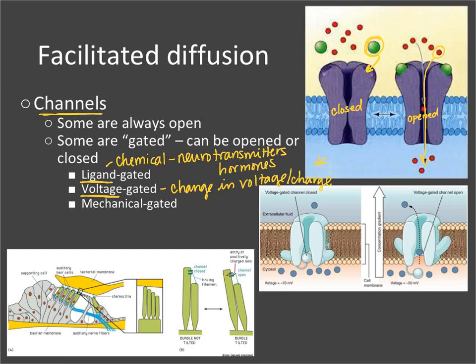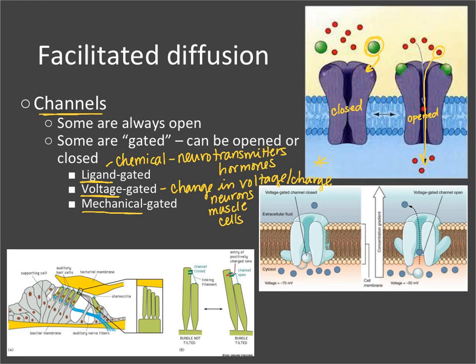We also see this in neurons and in muscle cells. So these are how neurons and muscle cells transmit the information needed in order to either communicate, if it's a neuron, or to contract, if it's a muscle cell.